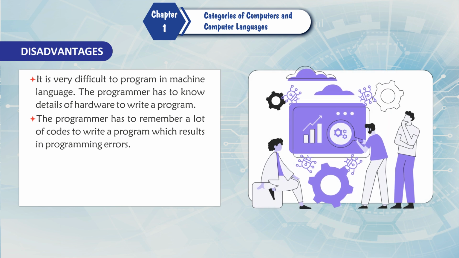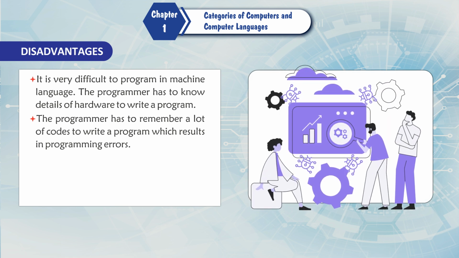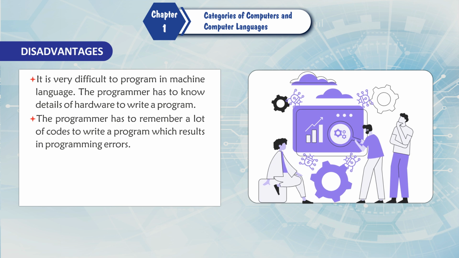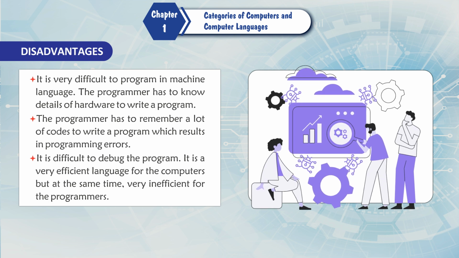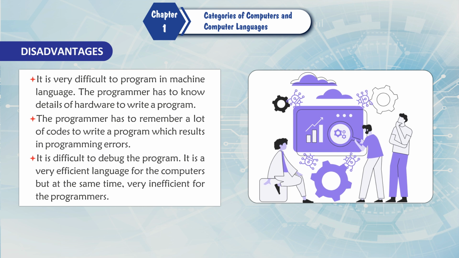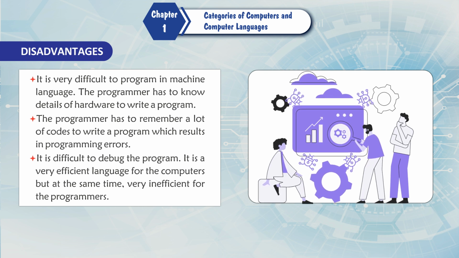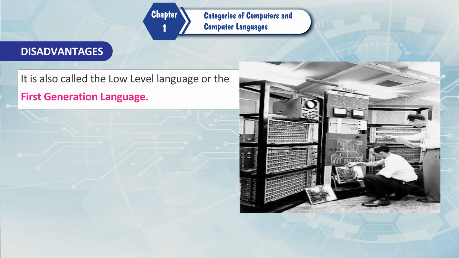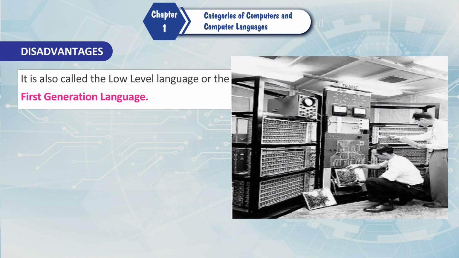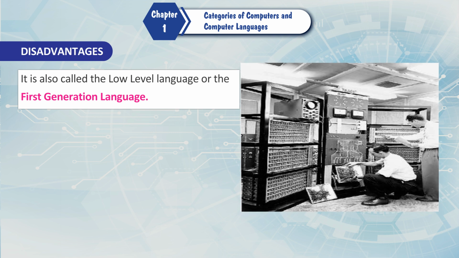The programmer has to remember a lot of codes to write a program, which results in programming errors. It is difficult to debug the program. It is a very efficient language for the computers, but at the same time very inefficient for the programmers. It is also called the low-level language or the first-generation language.